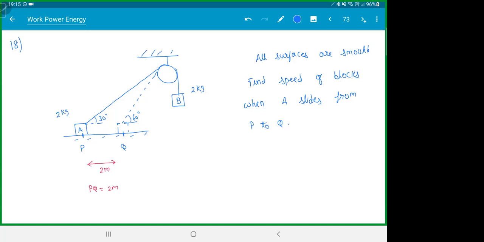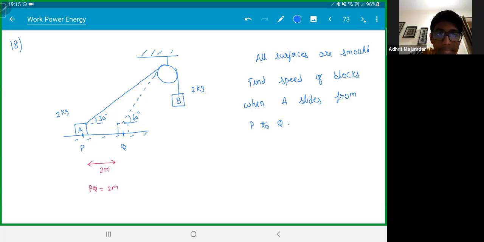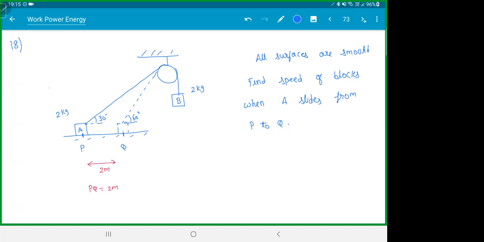At point P, the angle is 30. When it comes to Q, the angle becomes 60. Anyone confused? Initially the system is at rest. I hope the question is clear, everyone.